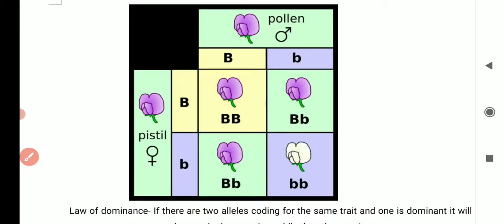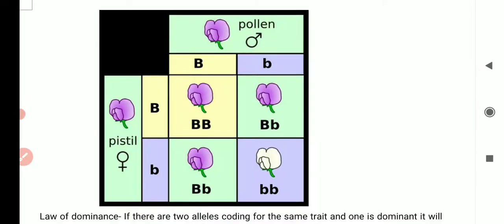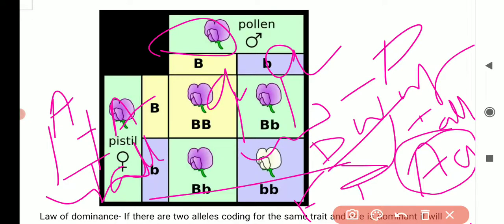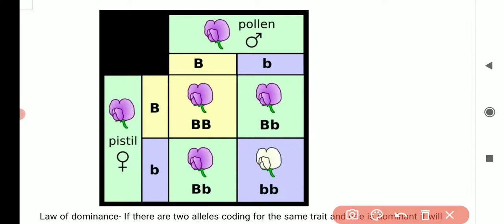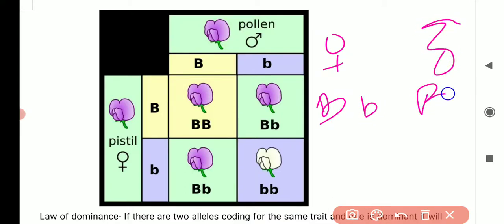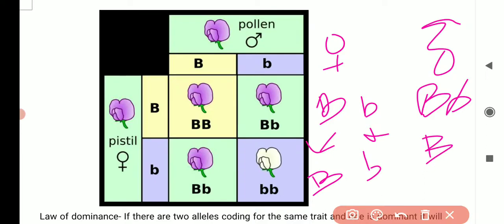So here, that same cross that I did by hand, the cross is like this. The female is having BB and the male is having bb. Then they will assort independently. Capital B will go differently to small b, capital B again will go differently to small b. Then this one will go here.